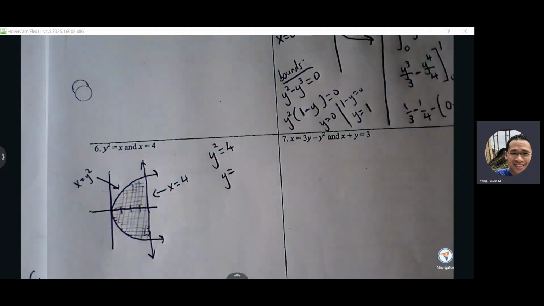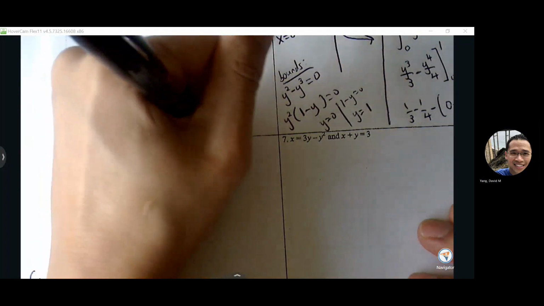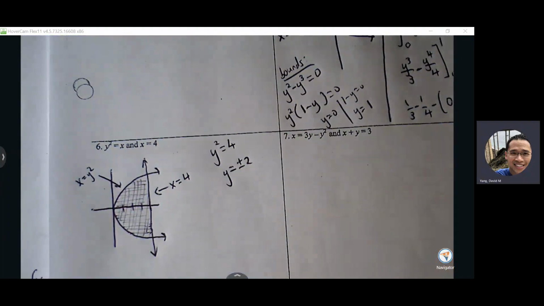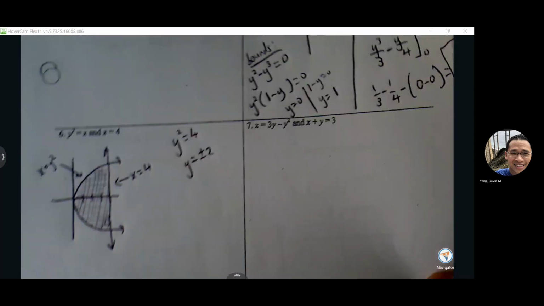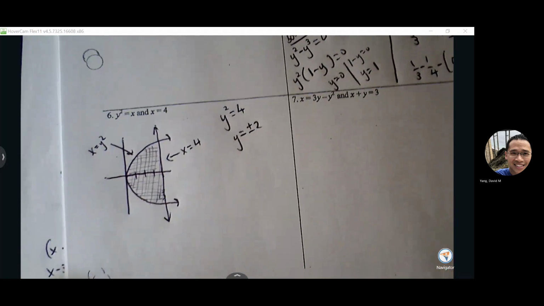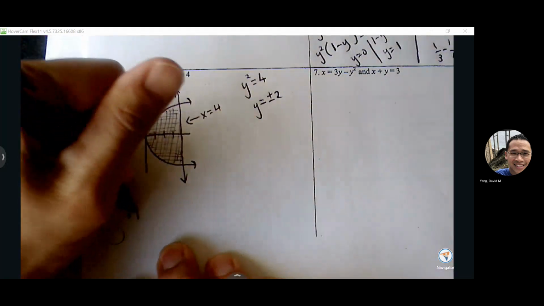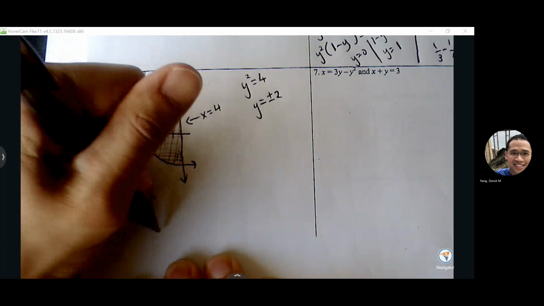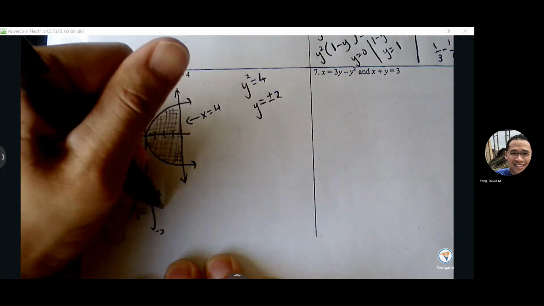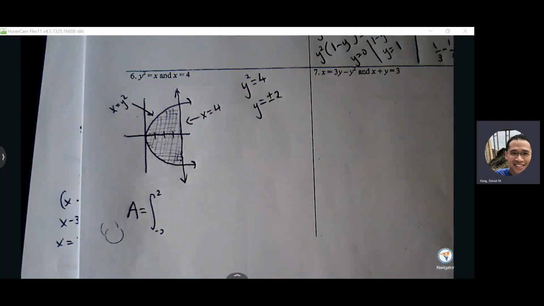So y equals plus or minus 2. So those are our bounds. What's the graph on the right? 4, and then the one on the left is y squared.